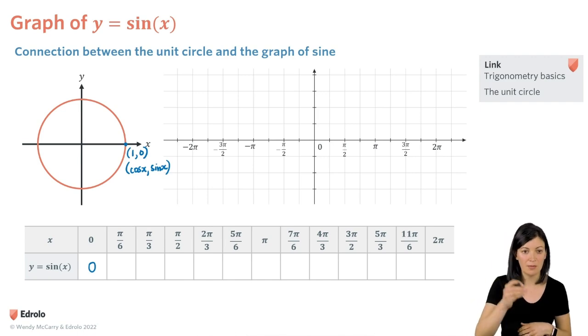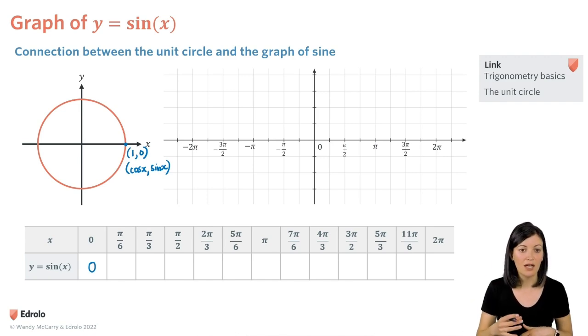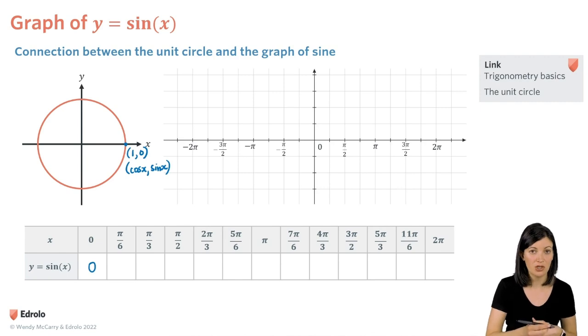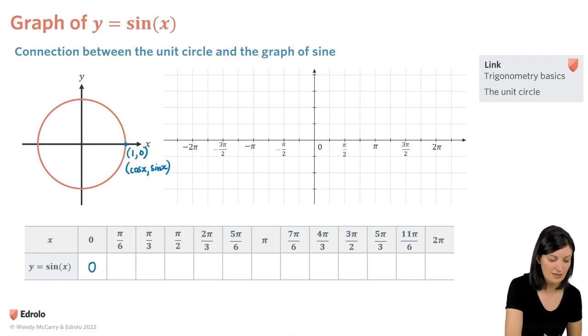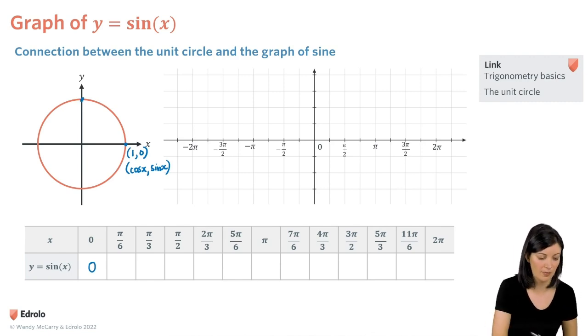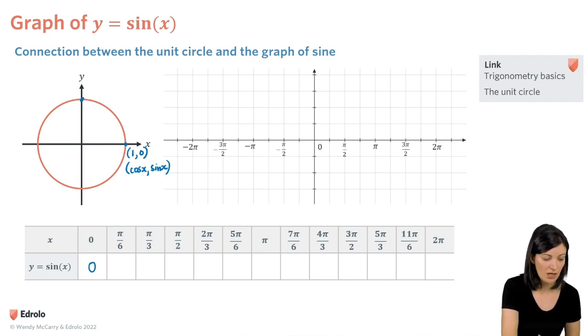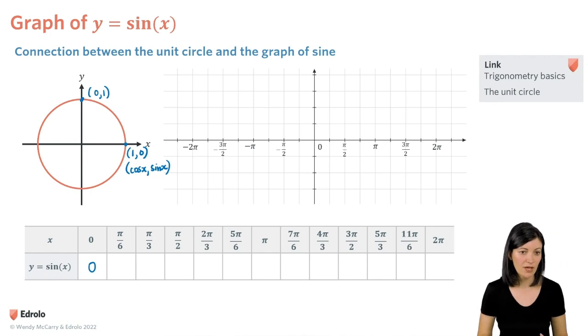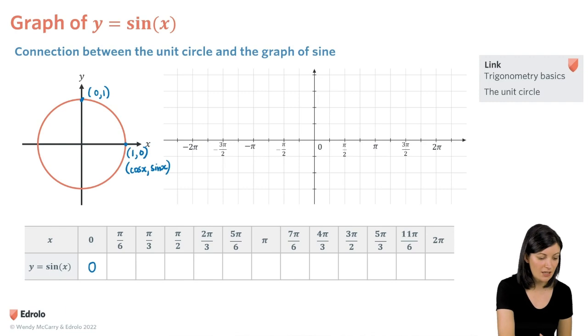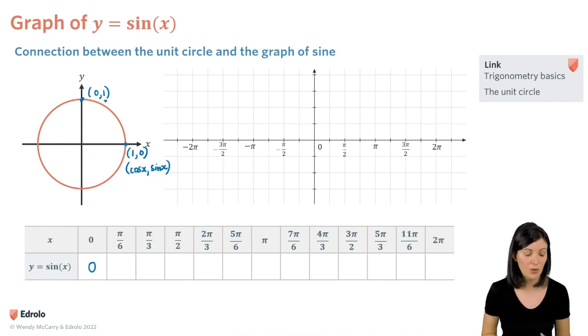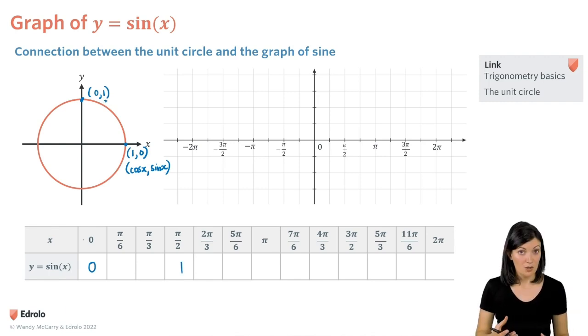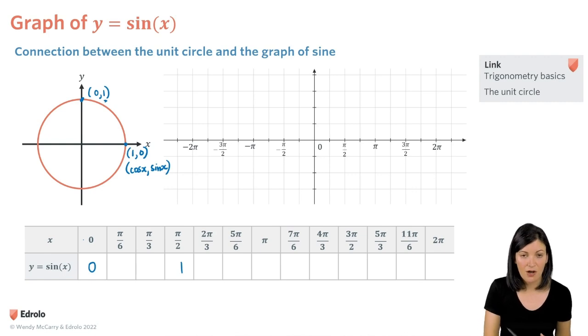I'm going to skip through this table a little bit and jump right to pi on 2 radians, which is this angle up here. That's my 90 degrees, and that is the point (0, 1). So the sine of pi on 2 radians is equal to my y-coordinate there, which is 1. I'm going to start plotting these points on my axes.